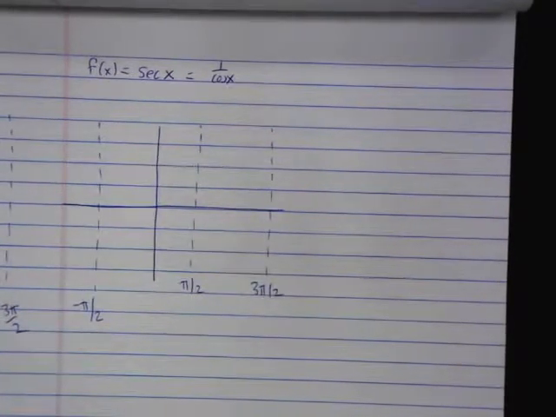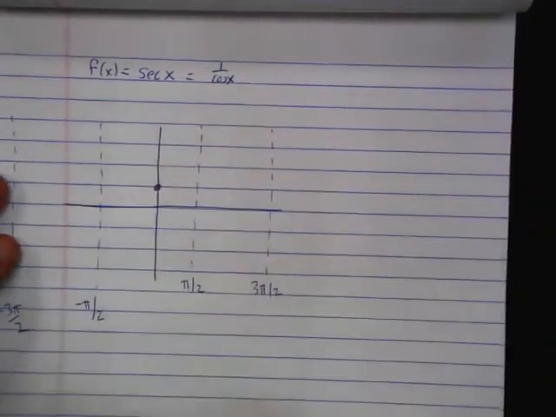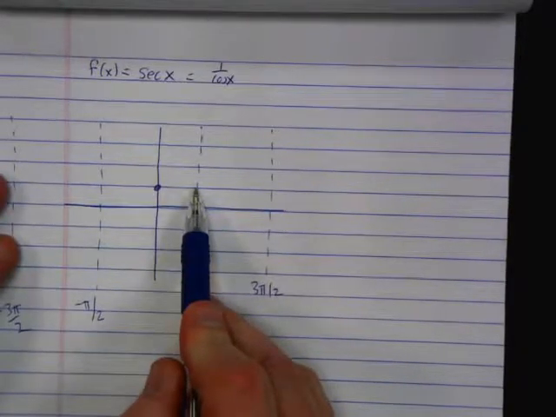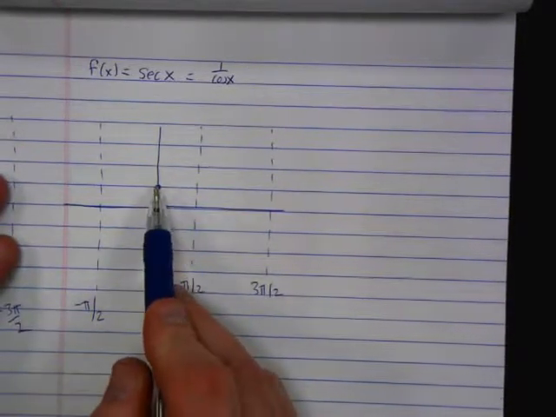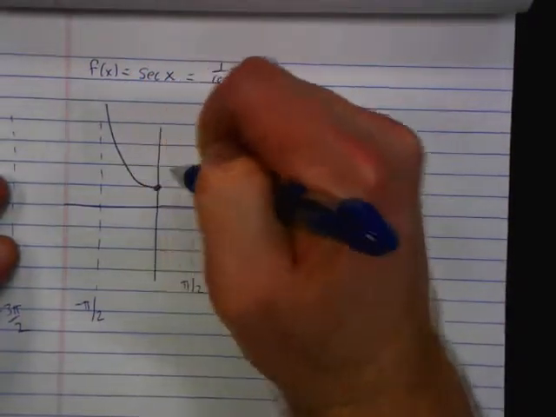And then what does the secant graph look like in between the asymptotes? Well, I know that cosine of 0 is 1. And I know if I'm using angles between 0 and pi over 2, that's in quadrant 1. If I'm using angles between 0 and negative pi over 2, that's in quadrant 4. Cosine is positive in both those quadrants. So it looks like this.